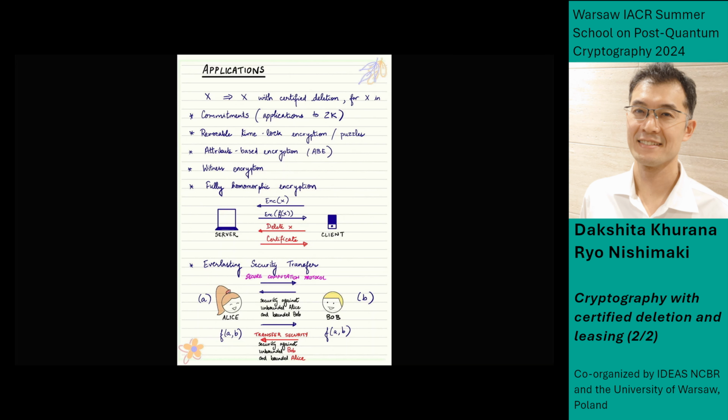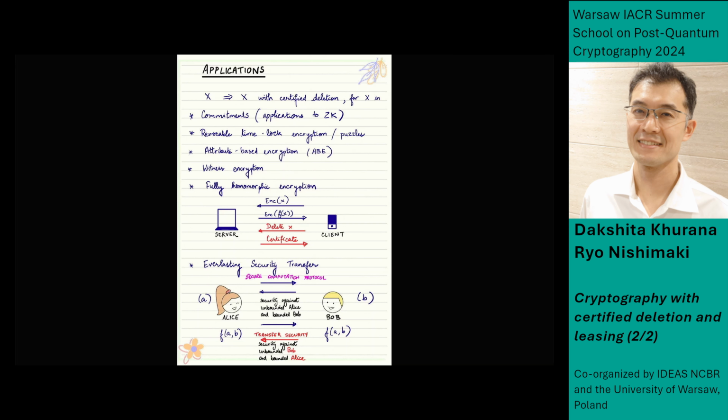We see some kind of general compiler that takes a standard cryptographic primitive and turns it into the same primitive with certified deletion.